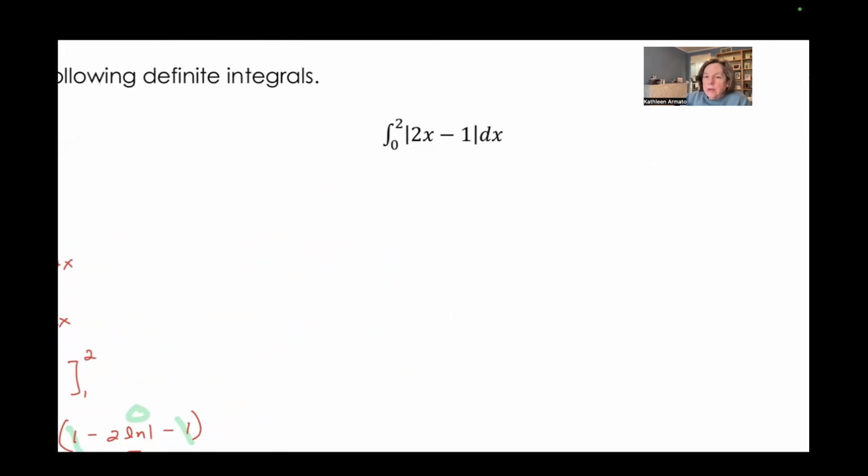All right, so how do I do an integral of an absolute value? Well, remember, there's not really a rule for taking the derivative of an absolute value. We had to break it up into a piecewise defined function in order to do the derivative. And so we would have to do the same thing in order to do the integral of an absolute value function.